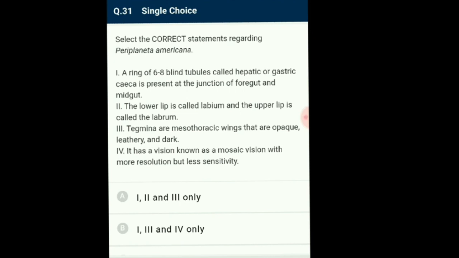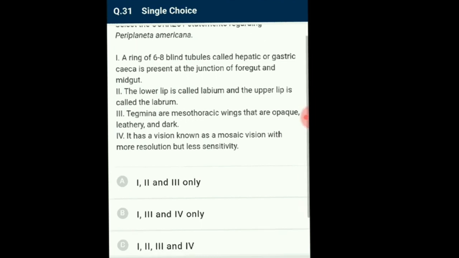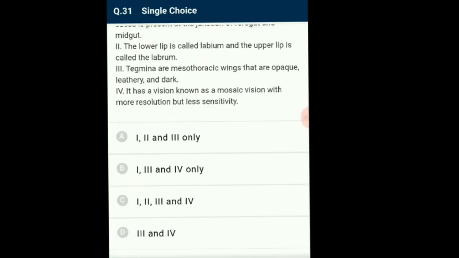Statement 3: Tegmina are mesothoracic wings that are opaque, leathery and dark. So the third statement is also correct. Fourth statement: It has a vision known as mosaic vision with more resolution but less sensitivity. So this one is wrong. So the correct options are 1, 2 and 3 only. Statement 4 is wrongly given. So the correct option for this question is option A.